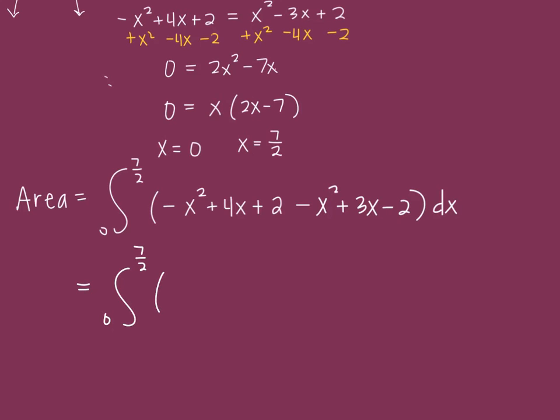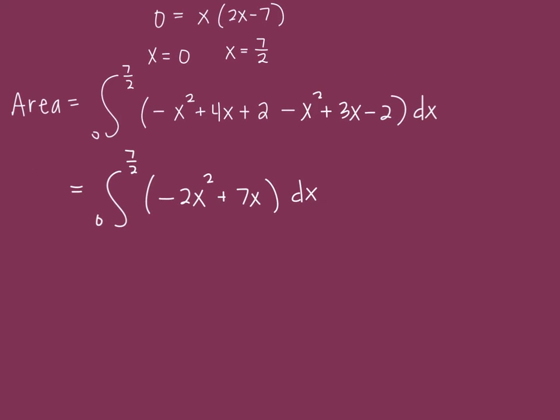And so your equation simplifies by combining like terms. We get negative 2x squared plus 7x. And then we're left with dx. So we're ready to do the antiderivative. Antiderivative of negative 2x squared is negative 2/3 x cubed. And the antiderivative of 7x is 7/2 x squared plus c, going from 0 to 7 over 2.